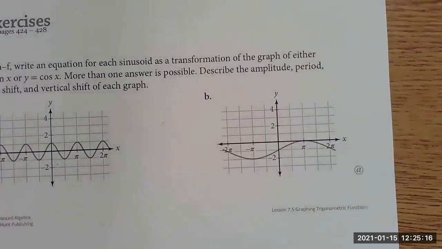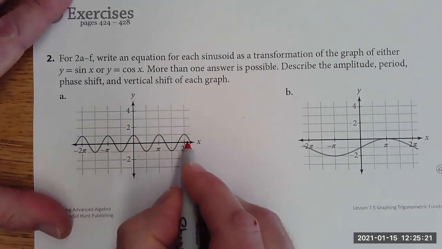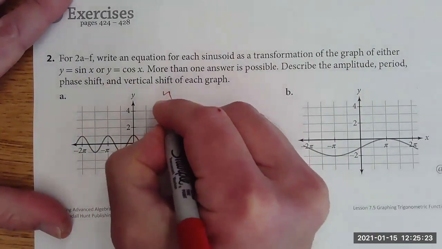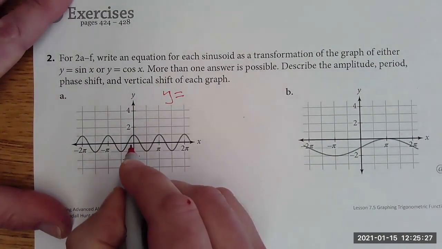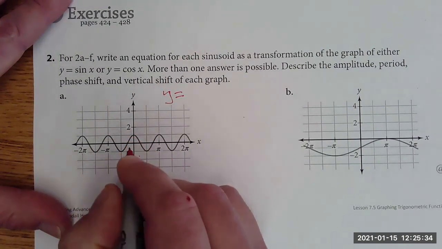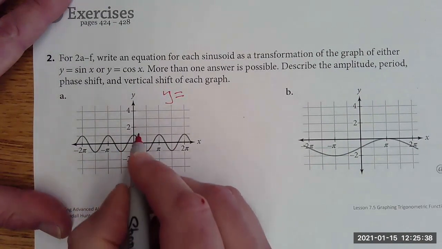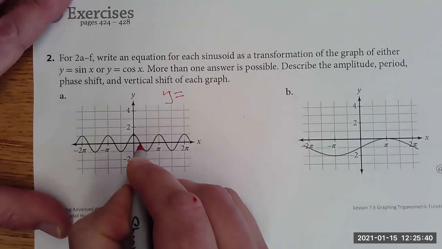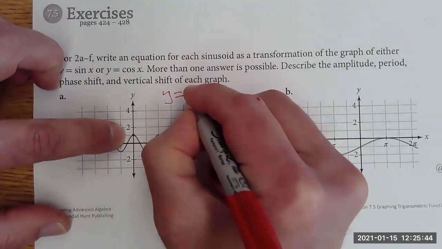All right, moving on. Midline, 0. Amplitude, 1. Sine or cosine? Well, I want it to come down from 1. It's coming down from 1. So from here down from 1, I'm going to use cosine.